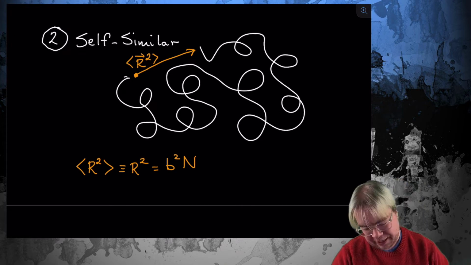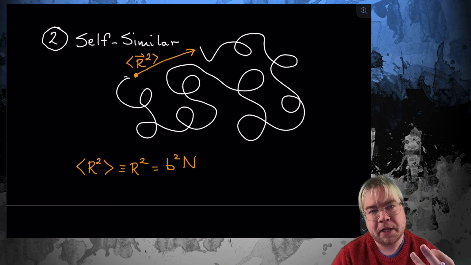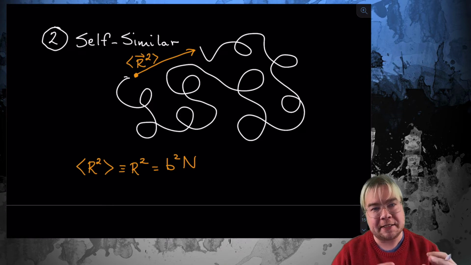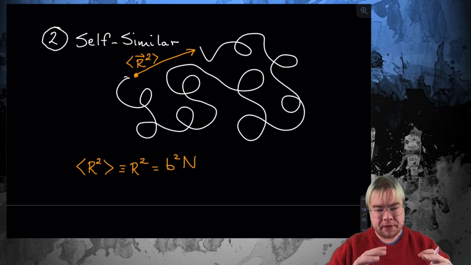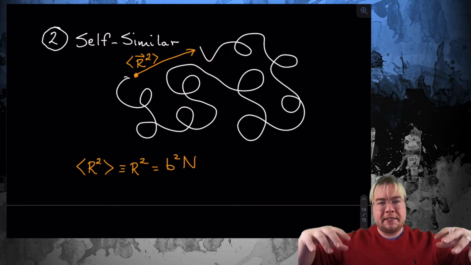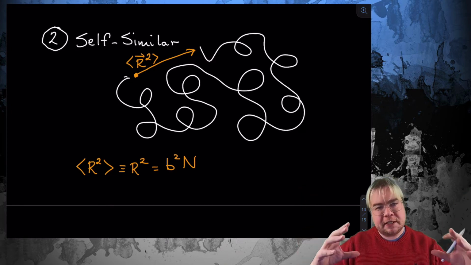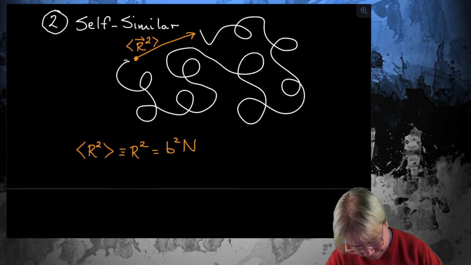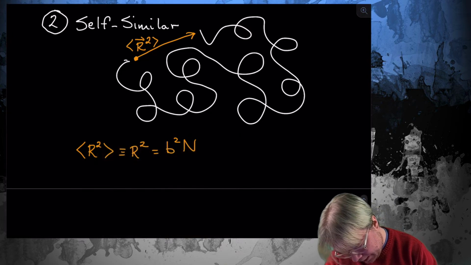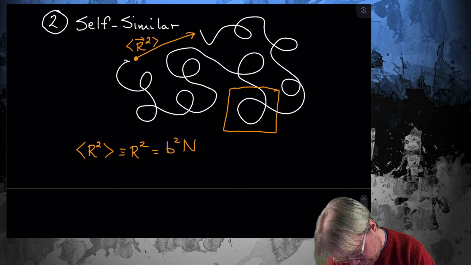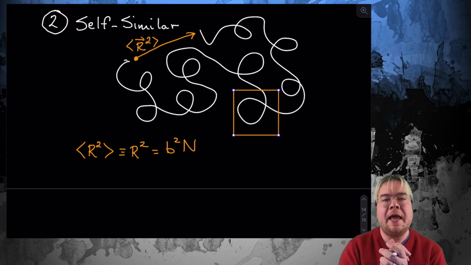Now, if something is self-similar, then it means that it looks like itself. At smaller length scales, the chain is going to look the way it looks at big length scales. So across these different length scales, the chain is going to look the same. So what I can do is I could blow up a region like this and look at it.